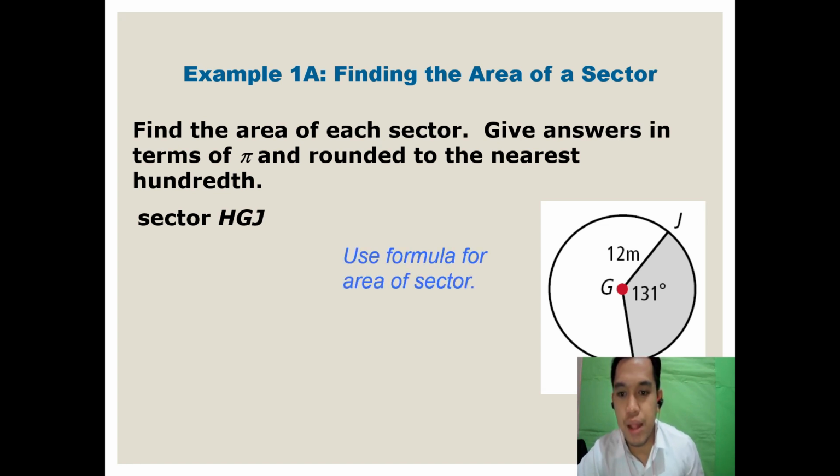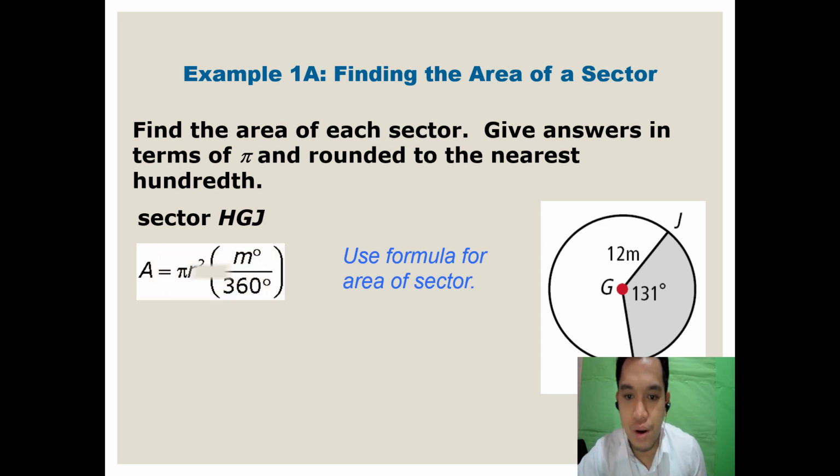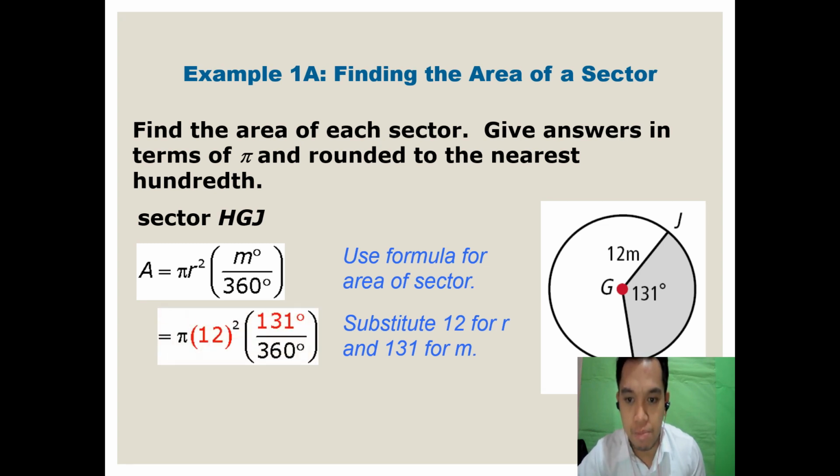Use the formula for the area of a sector: A equals pi r squared times m degrees over 360 degrees. Substitute 12 for r and 131 for m.